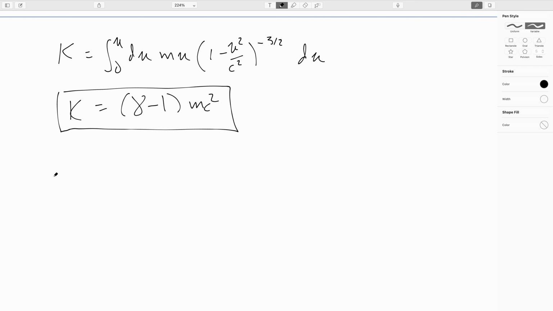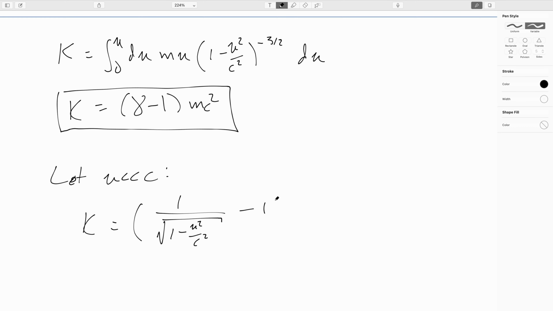So let's take a look at the case where we are going much less than the speed of light. We should recover 1/2 m u squared somehow from this. So the kinetic energy, putting in for our gamma, will be 1 over the square root of 1 minus u squared over c squared, minus 1, times m c squared.